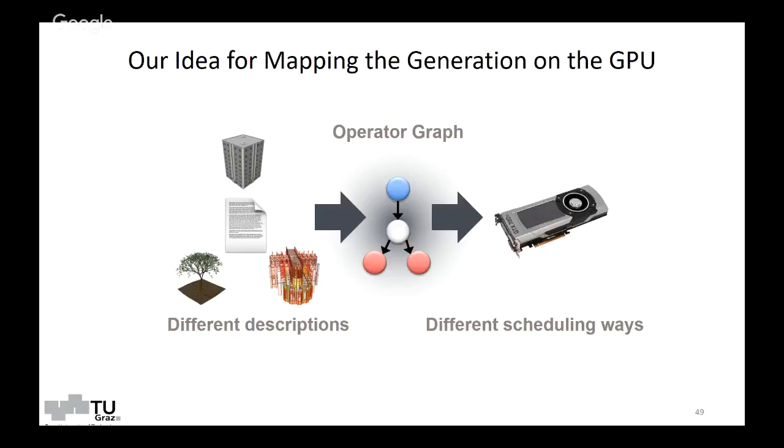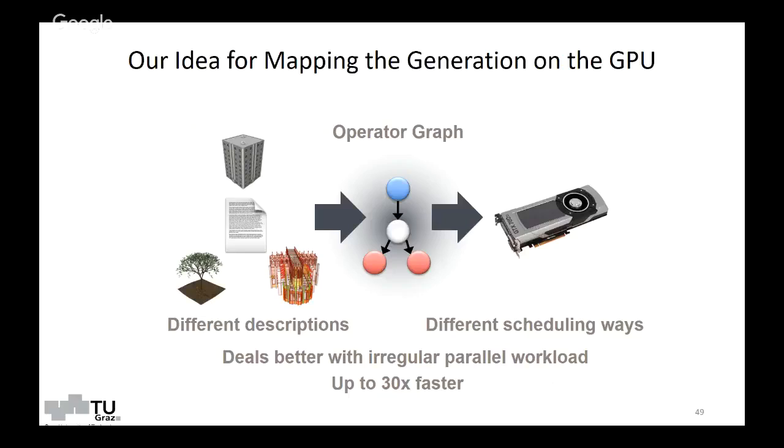And then based on this graph, we figure out the best way to map that to a GPU. And in this way, we found out that we can be significantly faster than what we had before. And hopefully, we can even do it in an optimal manner, or maybe even prove our best way of doing it.